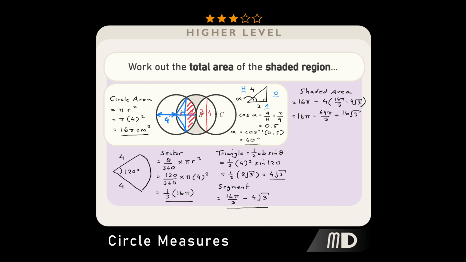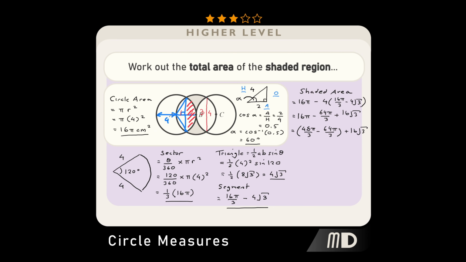And by expressing 16 pi as a fraction with a denominator of 3, 1/3 of 48 pi minus 64 thirds of pi plus 16 root 3.